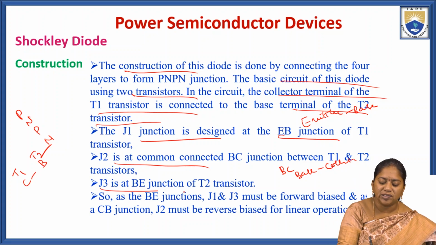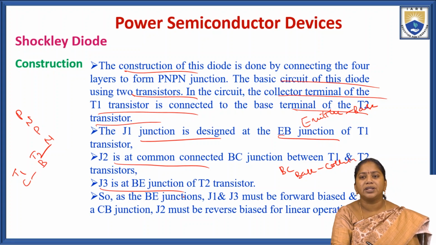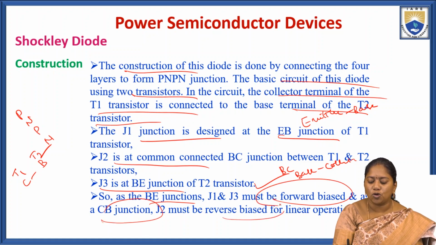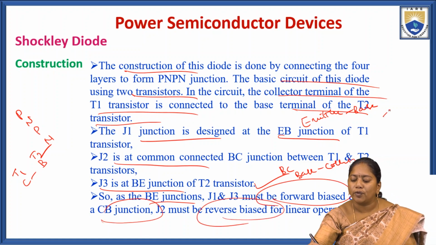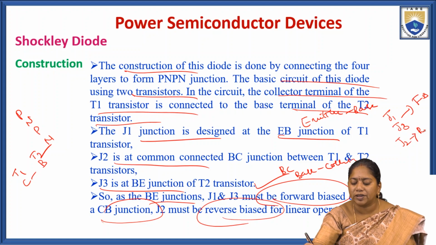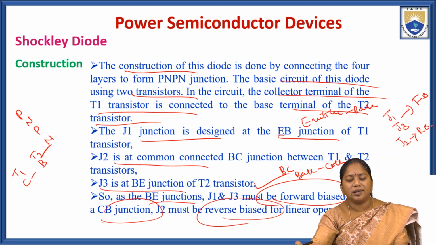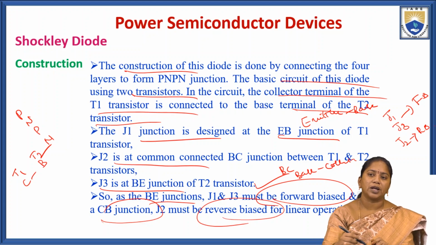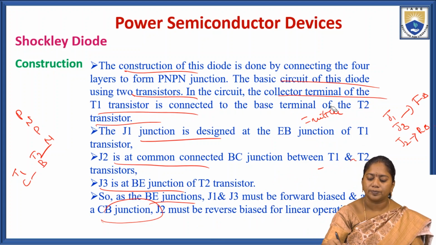J3 is the base-emitter junction of T2. Junctions J1 and J3 must be forward biased, and J2 must be reverse biased for linear operation.